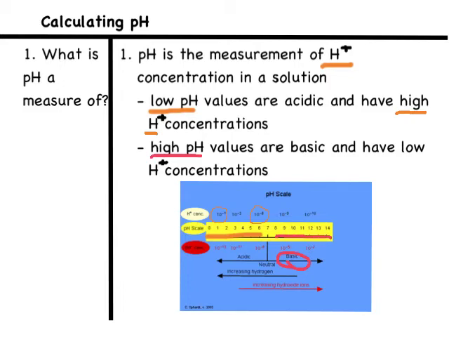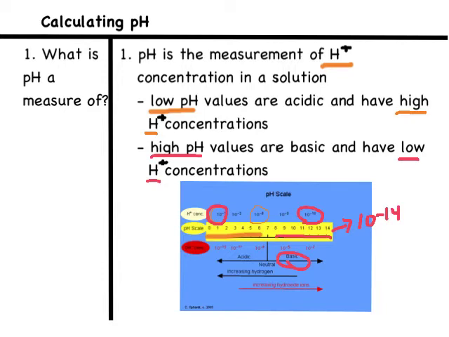They're going to have low hydrogen ion concentrations, because if we see here, a pH of 12 is going to have 1 times 10 to the negative 12 concentration of hydrogen ions. That's much smaller than 10 to the negative 1. If we take a look at 14, a pH of 14 would have 10 to the negative 14, which is a much smaller number than 10 to the negative 12.